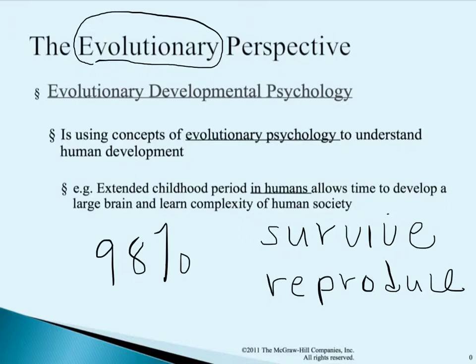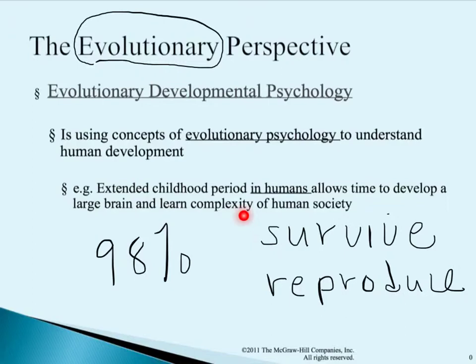The example they give to that is the fact that human children have the longest period of childhood of any other species. This is to allow the species the time to develop the large brain that it needs to learn the complexity, to learn how to live in our very complicated and challenging human society.